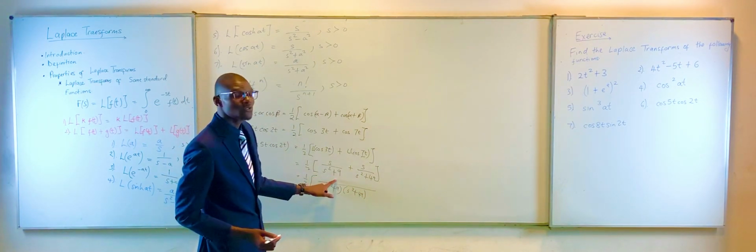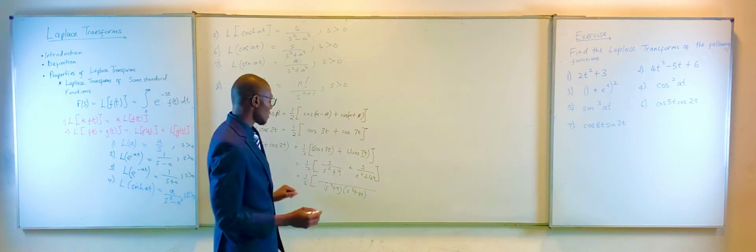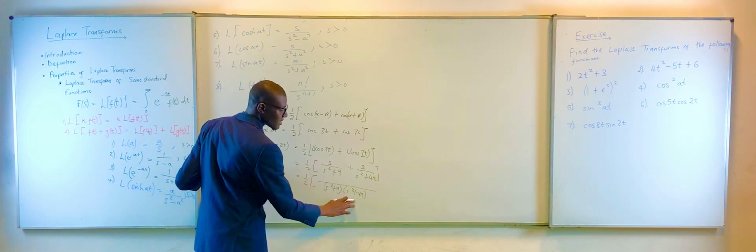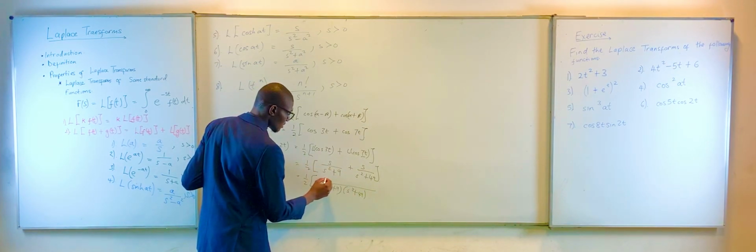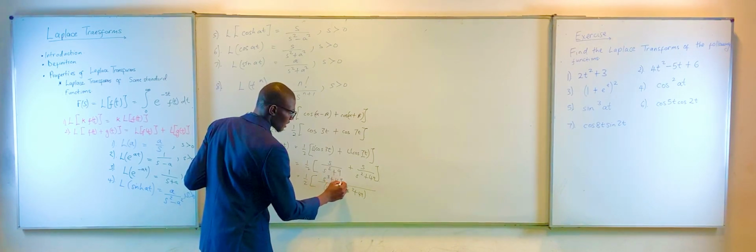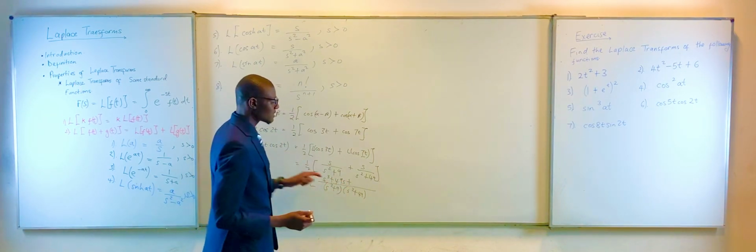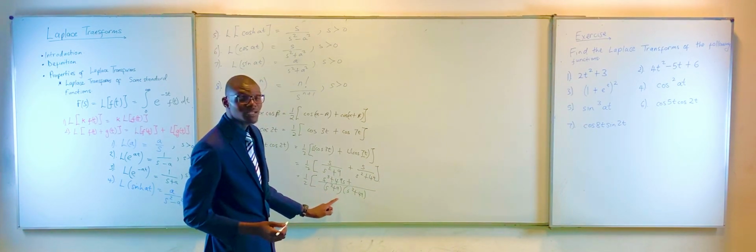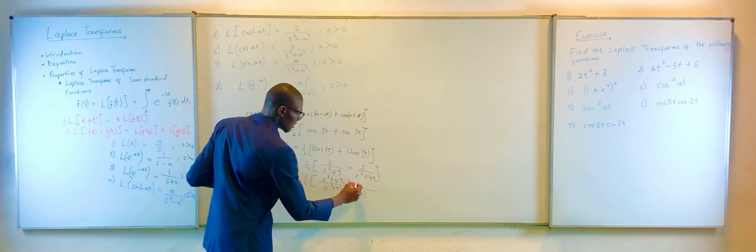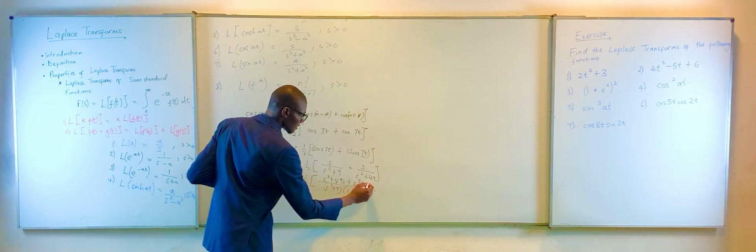So s squared plus 9 into this, we get s times s squared plus 49. So s times s squared is s to the power 3, plus s times 49, that's 49s. Then plus s squared plus 49 into this, we get s squared plus 9 then times s, that will be s to the power of 3 plus 9s.